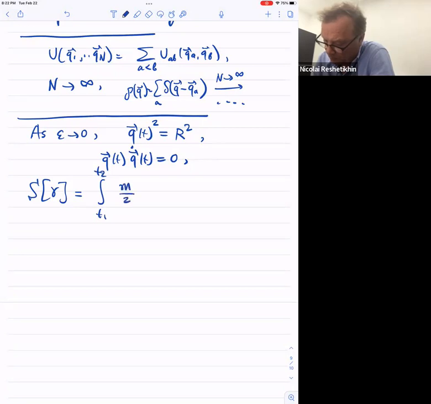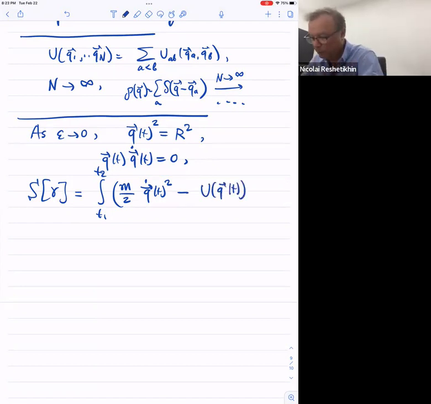We still have the mass, we still have to divide by 2, we still have the square of the velocity. We still have the potential, but now this potential shrunk to a function on a sphere, a function on S2, dt.